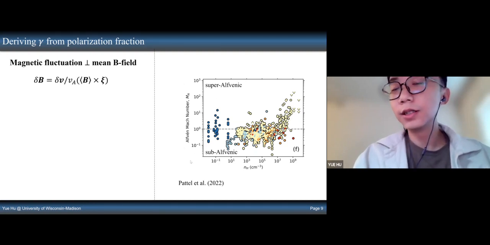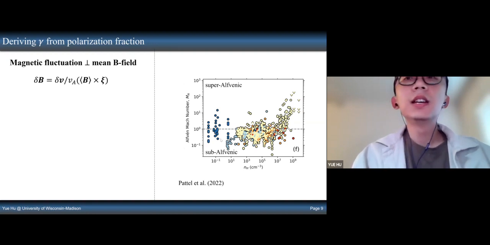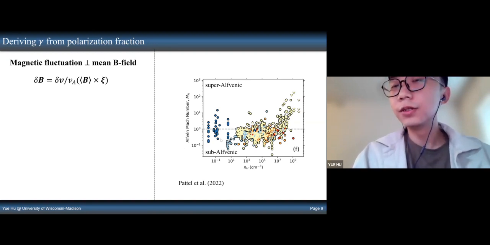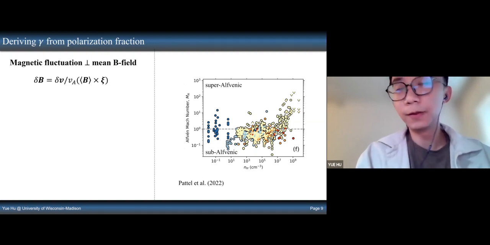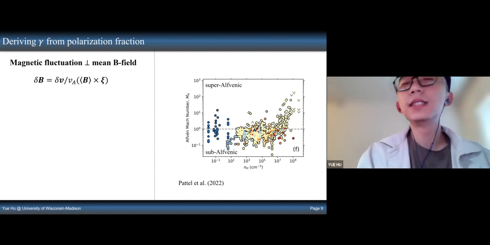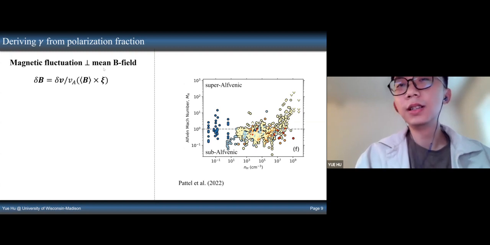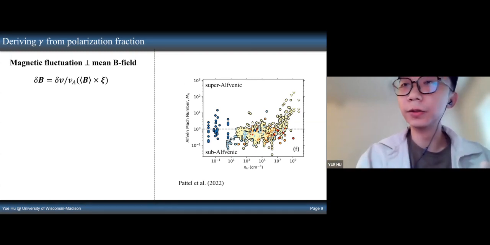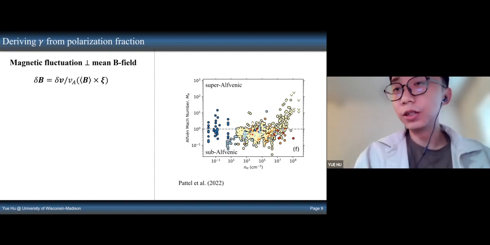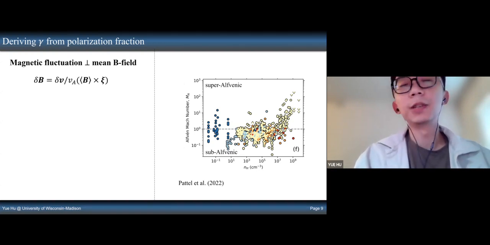Fortunately, from the recent review by Pattle et al. 2022, the majority of star-forming clouds are actually sub-Alfvénic. Therefore, our theoretical assumption that the magnetic field fluctuation is perpendicular to the mean field is solid and can hold for the majority of star-forming clouds.